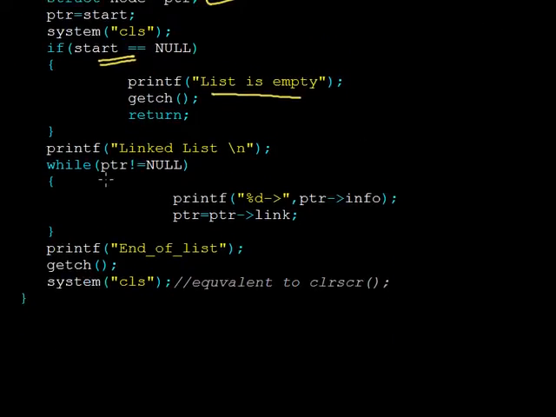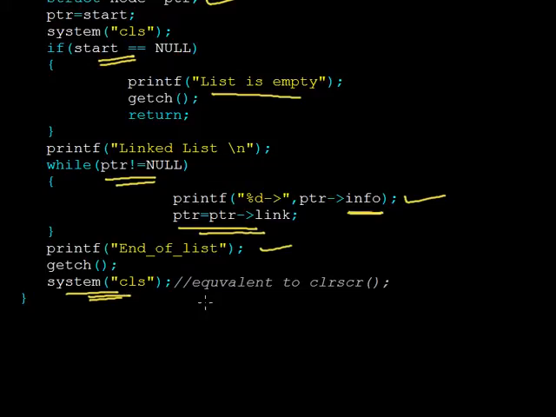Else we will iterate till we reach the end of list, means ptr is not equal to null, and in every iteration we will print the info part and then increase the pointer by this statement ptr equal to ptr dot link. Then we will print this message end of list, and then we will exit.